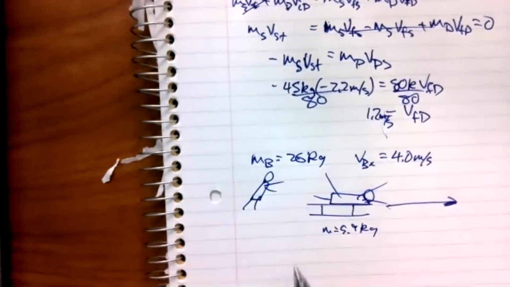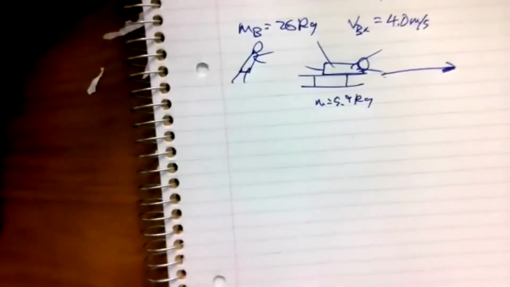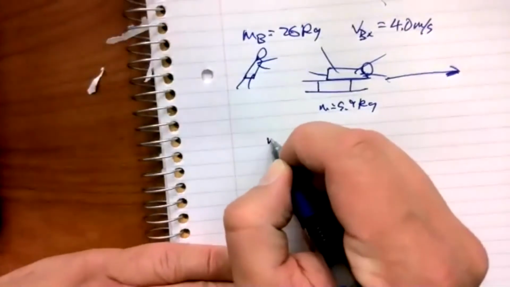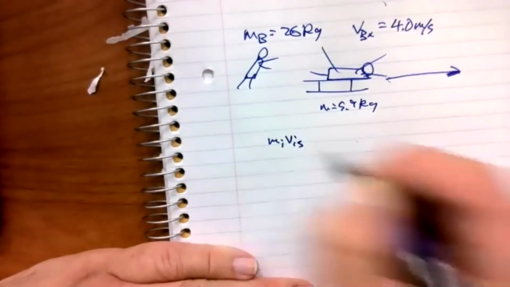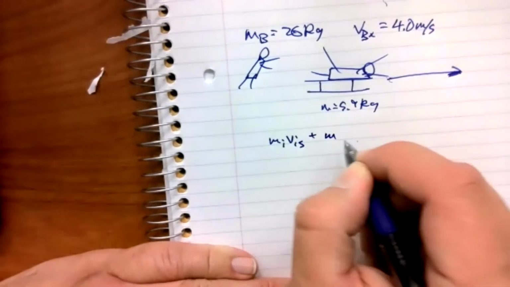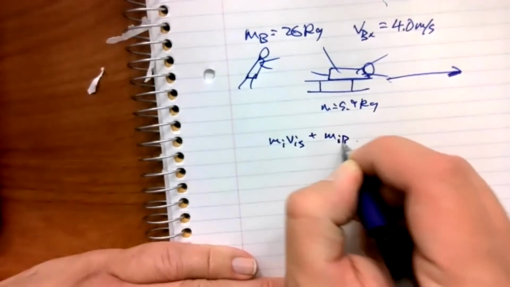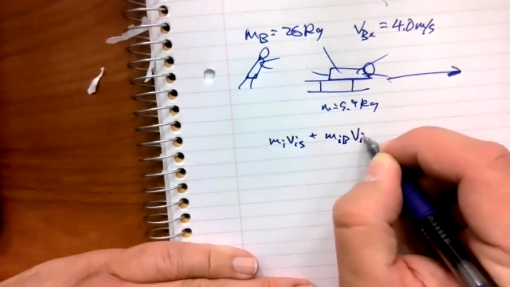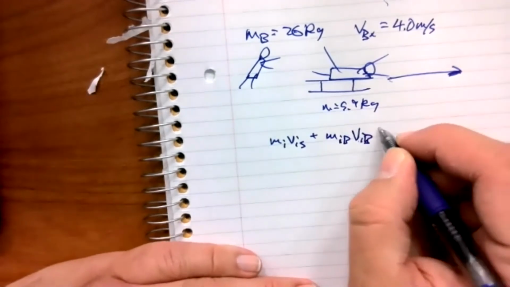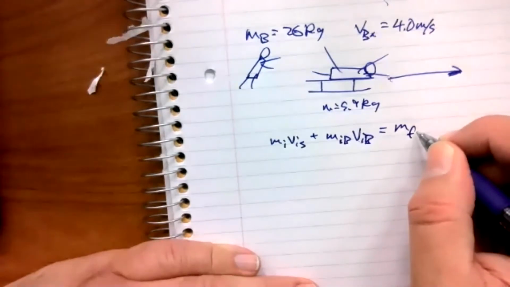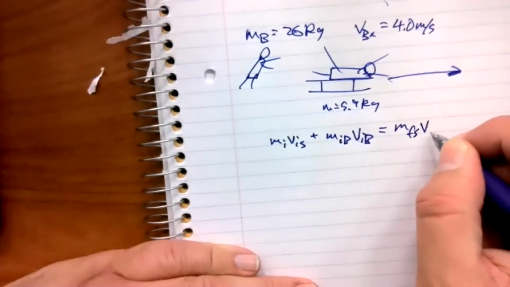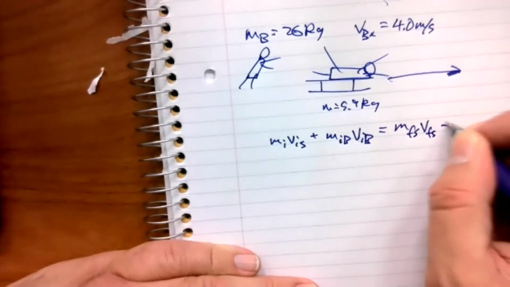All right, so our initial momentum: we have M_sled times V_initial of the sled plus M_initial of the boy times his initial velocity, equal to our final mass times our final sled velocity.